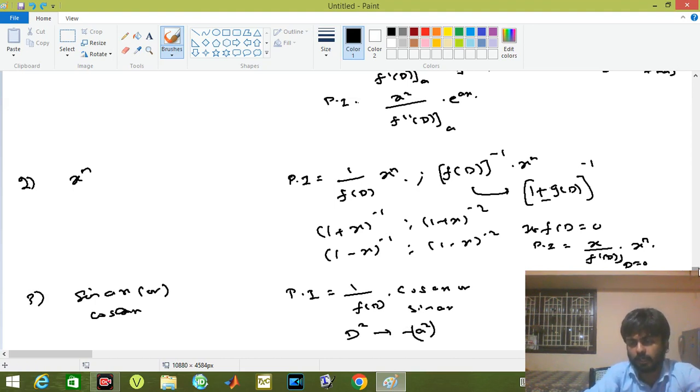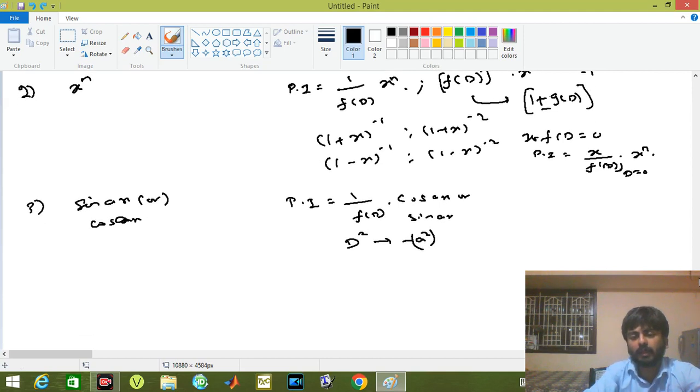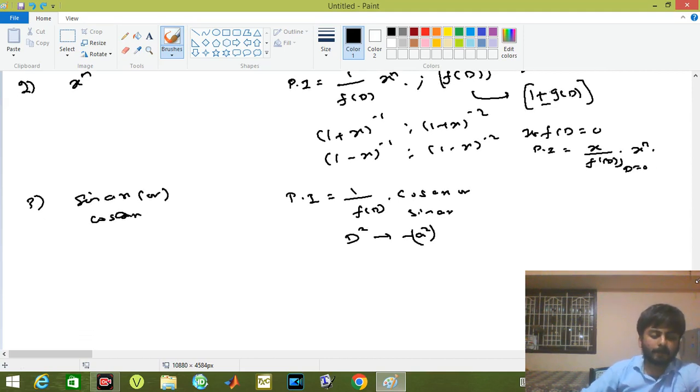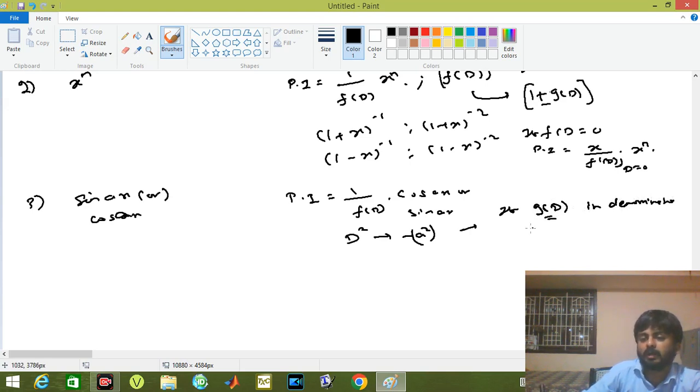Here you will get some expression, and after that if you have any other function of D, that is g of D, in the denominator, you have to take the conjugate of the denominator.